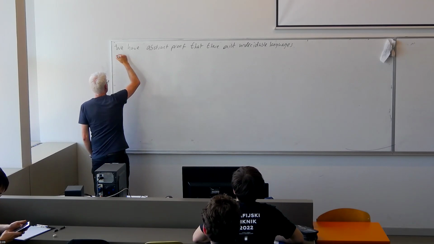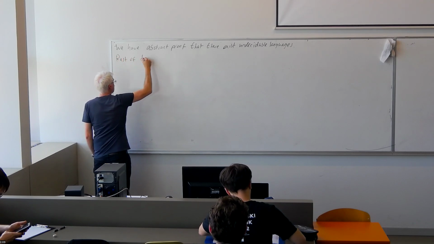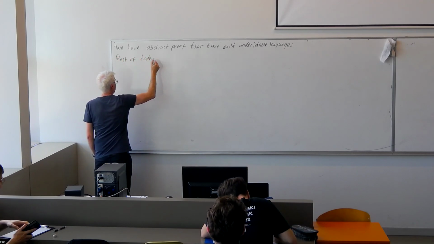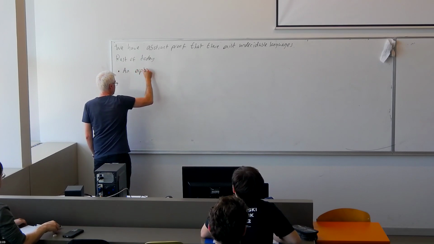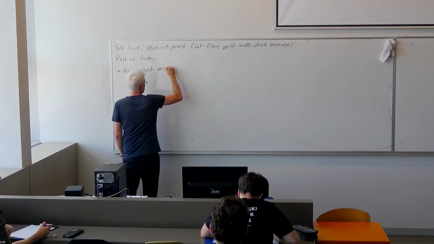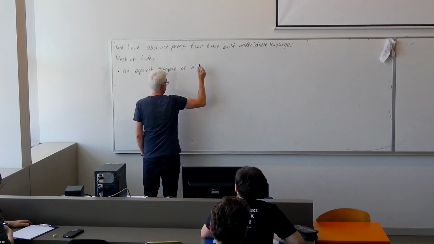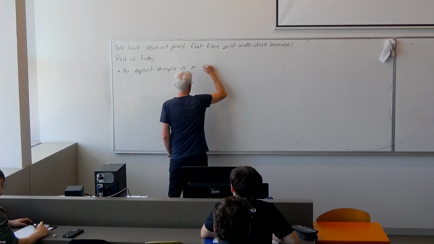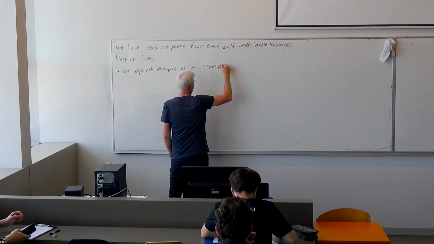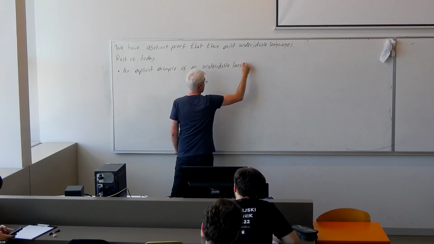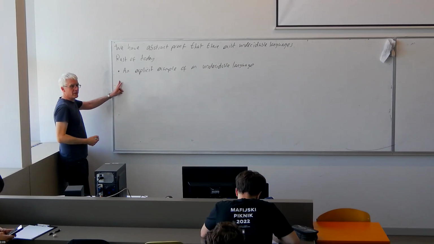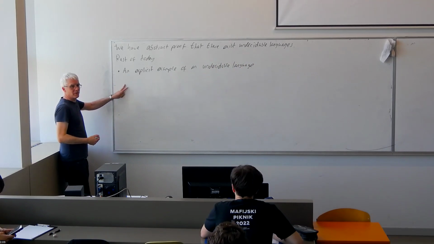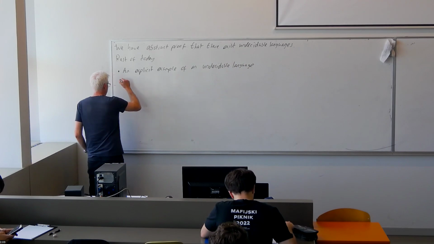So the rest of today, an explicit example of a language that is undecidable. And also a proof that this language is semi-decidable. This particular example is semi-decidable.